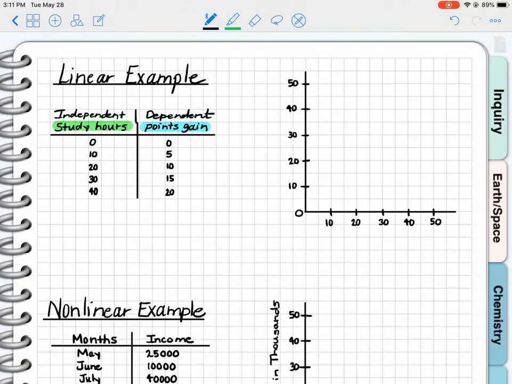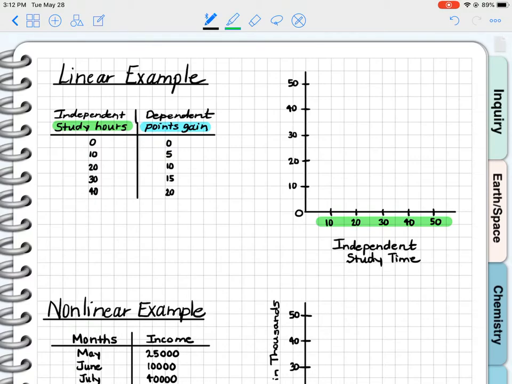In science, it is appropriate to put independent variables on the x-axis, which is this horizontal, side to side, east to west axis. So the independent variable, the thing that I control, is my study time. And you can see that I have marked off this scale for you already, just to save a little time. Those are my study hours.